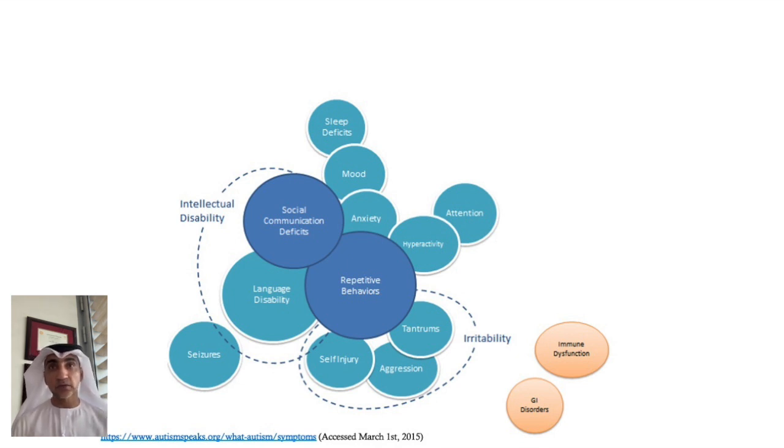This may include language disability, and this, by the way, may include also children who have strong language abilities and are on the autism spectrum. Or other difficulties such as irritability, tantrums, self-injurious behaviors, ADHD, sleep difficulties, mood and anxiety disorders, as well as medical conditions such as seizure disorders, for example.